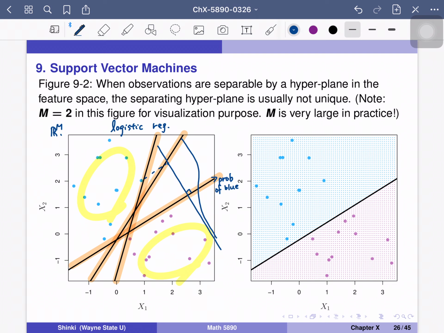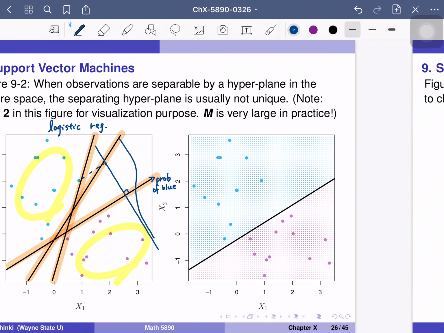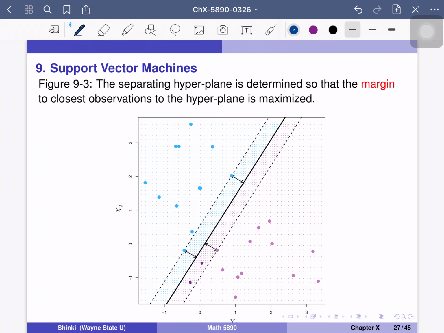Support vector machine avoids this problem by setting a different classification rule. The idea of support vector machine is to make the margin largest. So the blue class and purple class are separable, and the line separating these two classes is not unique.